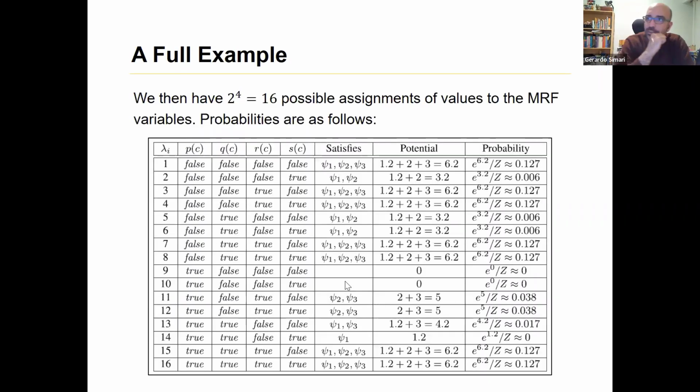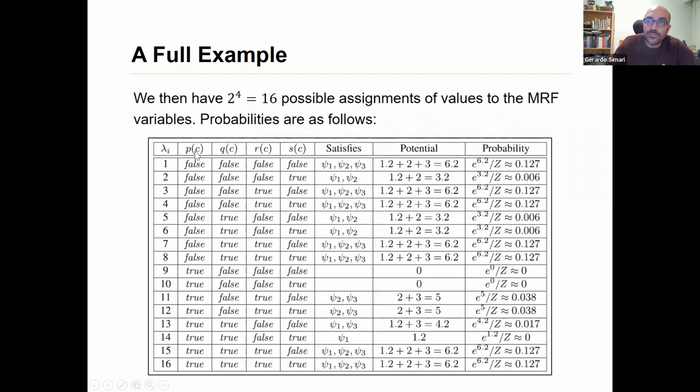So now we have, as before, 2 to the power of 4, 16 possible assignments of values to the variables. And the probabilities are as follows. This is an example that I worked out fully for a paper. I could never find good examples in any of the papers, so I did it myself. So I pass it on to you guys. So I have 16 possible worlds.